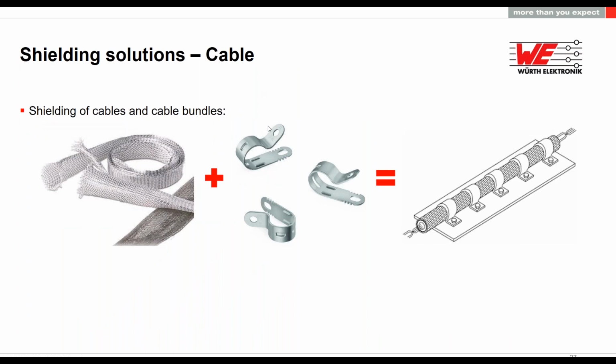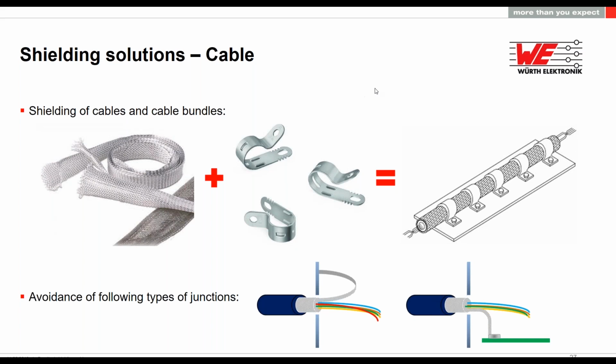Then on cables, we have this kind of cover. They're conductive strips or covers for the cables. It's important to have good connections at the ends of the cable, and it's important to avoid this kind of connection problem.